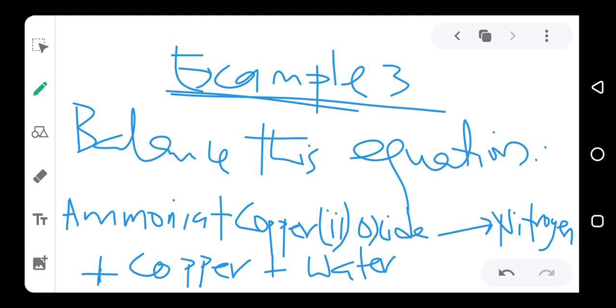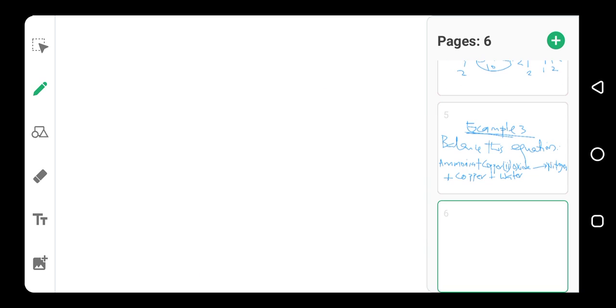Now, if you balance this equation, we have ammonia plus copper 2 oxide to give us nitrogen plus copper plus water. If you don't know the chemical formulas for these substances, you cannot balance the chemical equation. So knowing the chemical formula for all the compounds and elements is very important.